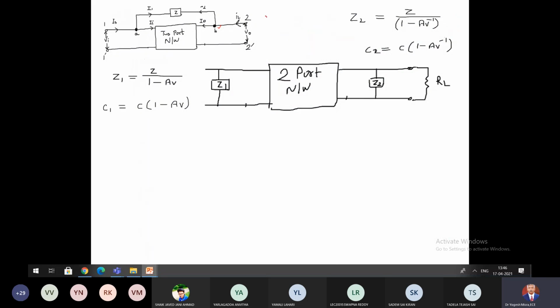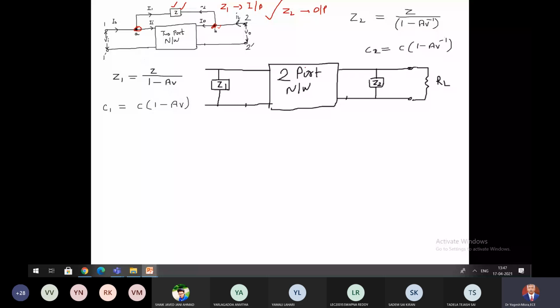Now see here, in this type of circuit an impedance Z is connected between input point A and output point B. So Z is a feedback element. Then we can split this Z into Z1, which is connected to the input side, and Z2, which is connected to the output side.